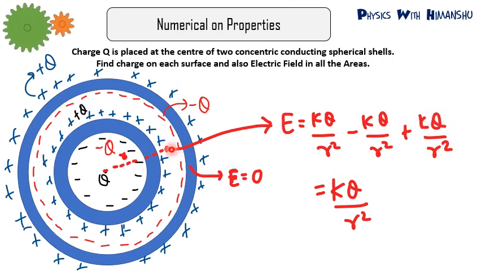Because if a point is outside a metallic shell, the distance is to be taken from the center of the shell. So this plus Q has its center here, and this point is at a distance r from the center. Again, at this point inside the shell, the electric field will be equal to 0 because inside a metal the electric field is always 0.